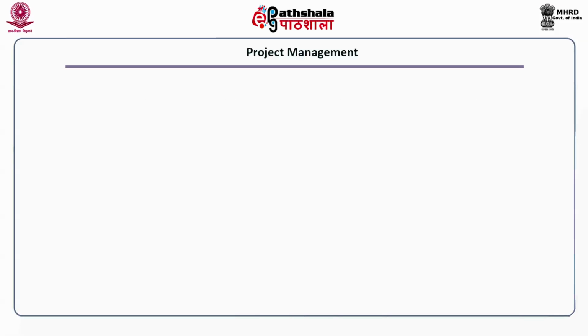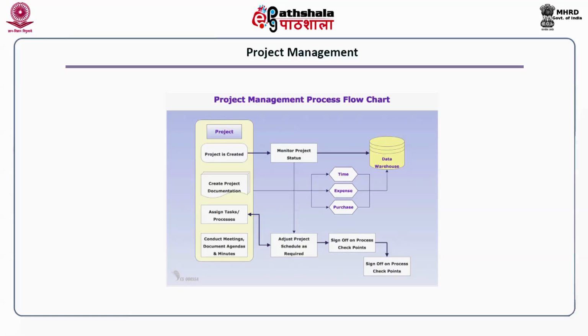The project management process flowchart is described here. There is a project which is to be created, and then monitor the project status, and then there is a data warehouse. When the project is created, we create the project documentation, assign the tasks and processes. Here we can adjust the project schedule as required, sign off on process checkpoints, and then sign off on process checkpoints again.